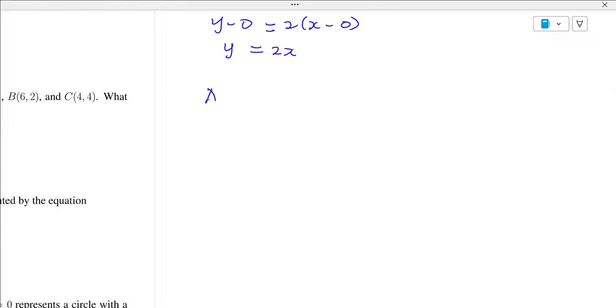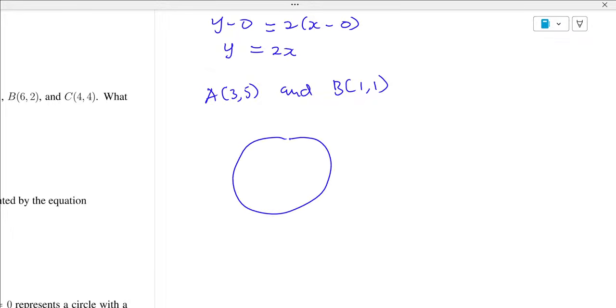We are given A to be (3, 5) and B to be (1, 1). I'll go by using the perpendicular. If I have this circle here, and then I have my diameter, since that is what we are saying, AB is a diameter.